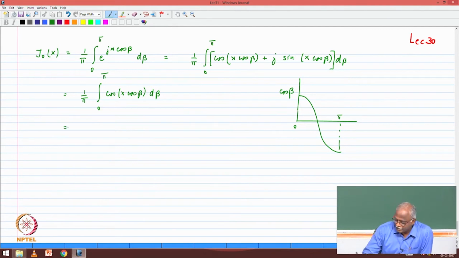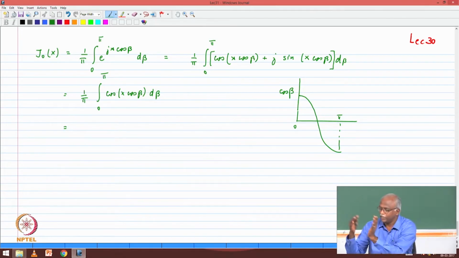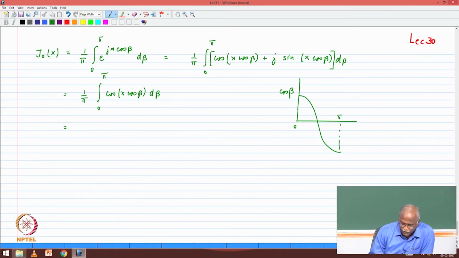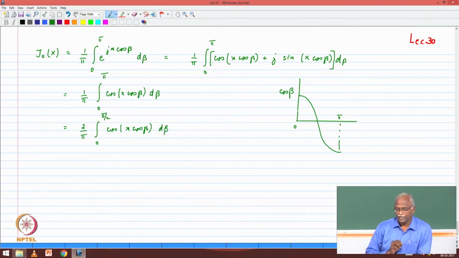And applying the symmetries that are present, you don't have to integrate from 0 to pi. Integral 0 to pi by 2 is sufficient, and you can multiply by 2, because cosine of minus theta is cos theta. So this will be 2 by pi integral 0 to pi by 2 of cosine of x cos beta d beta. So the Bessel function expression is rewritten in this fashion.